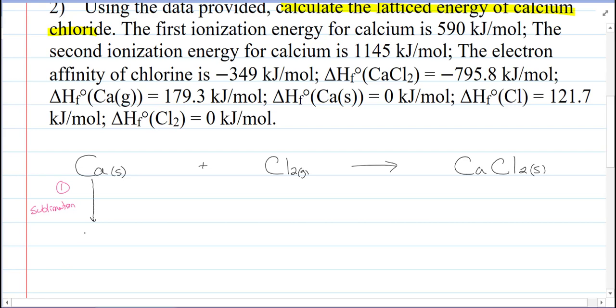So we have to go to calcium gas. The sublimation energy we're going to look for is right here. We've got this one and this one. So these 2. So it's 179.3 minus 0. So it's 179.3 kilojoules per mole.